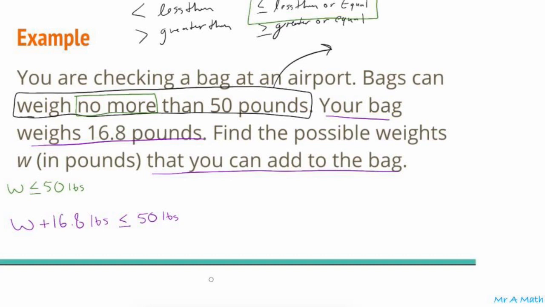So now we have an expression that we can solve. So if I go ahead and solve for W here, I'm going to subtract 16.8 pounds from both sides.